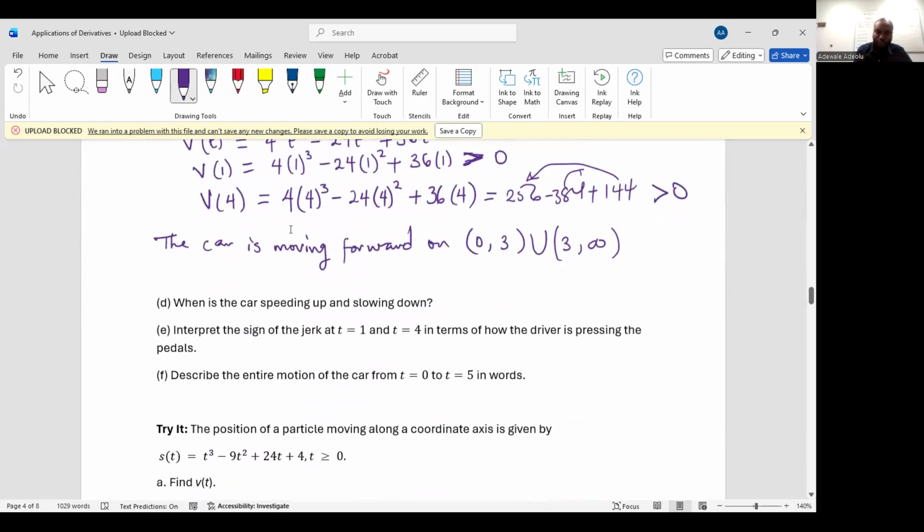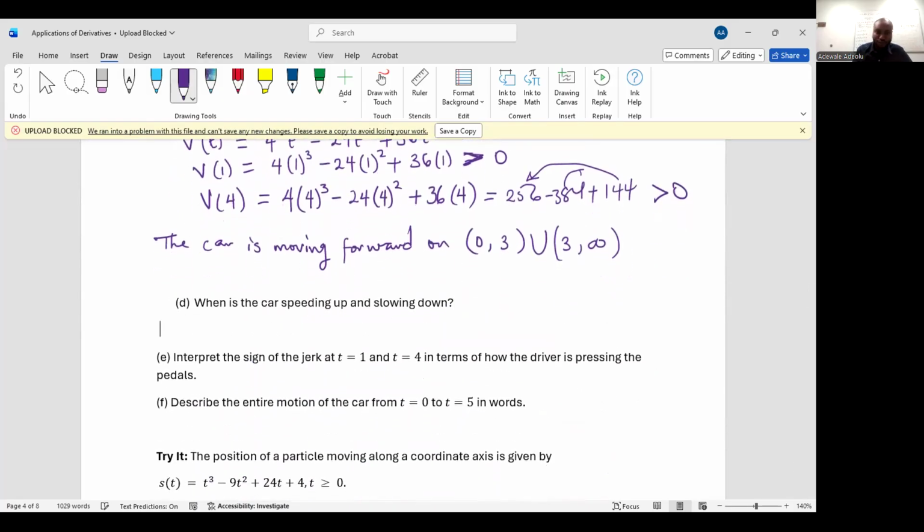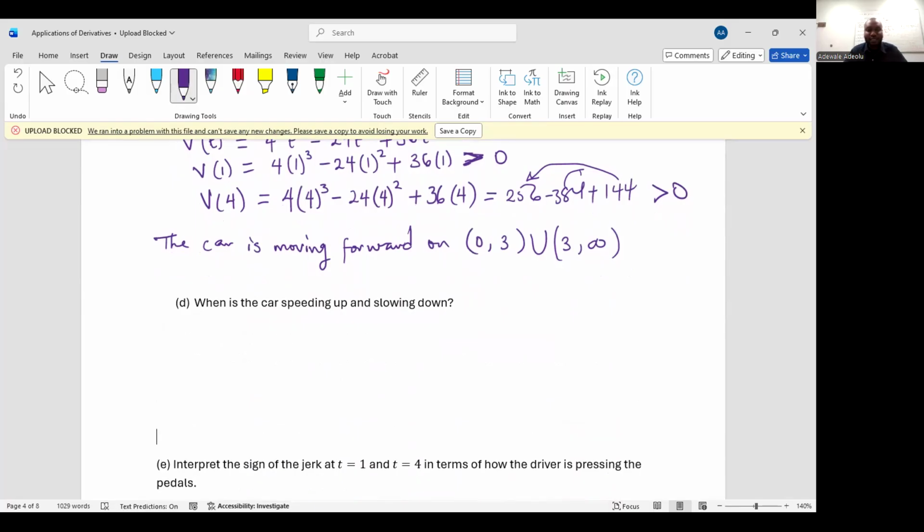Another question. When is the car speeding up and slowing down? Now, in this case, you remember, how do we check speeding up, slowing down? I want to know my acceleration, the sign for acceleration.